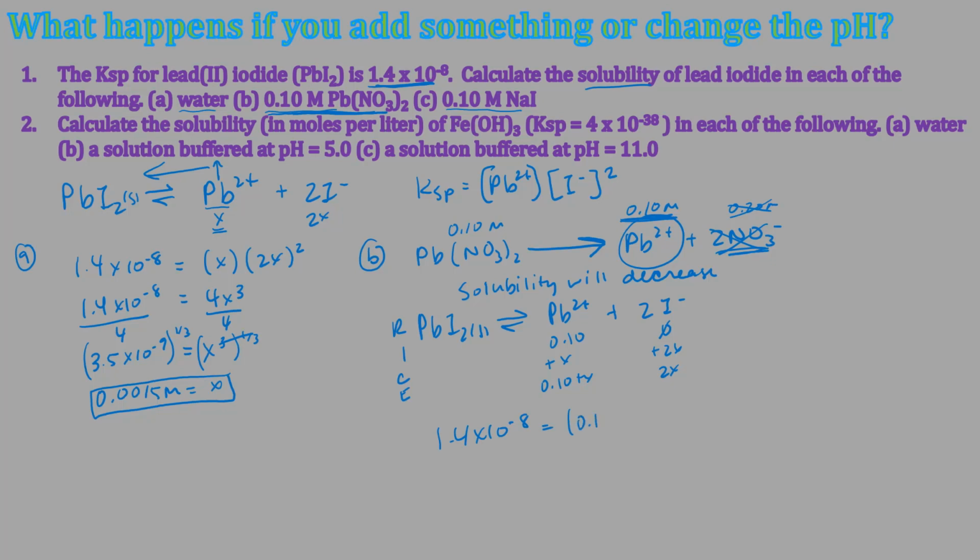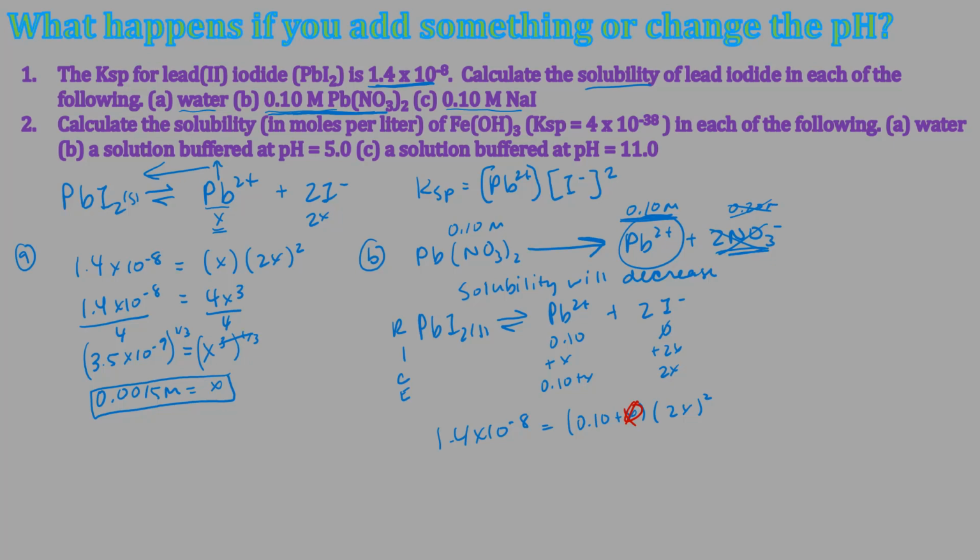and I have 0.10 plus x times 2x, and that's squared. Now this x, because these K's are so little, this x is negligible, just like in acids and bases. So this becomes fairly easy then.